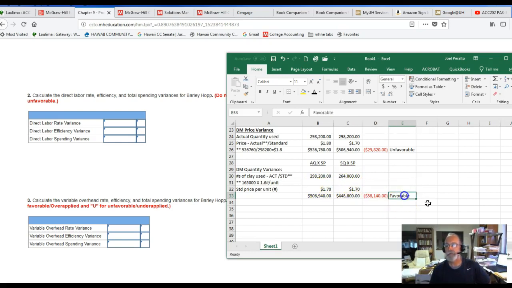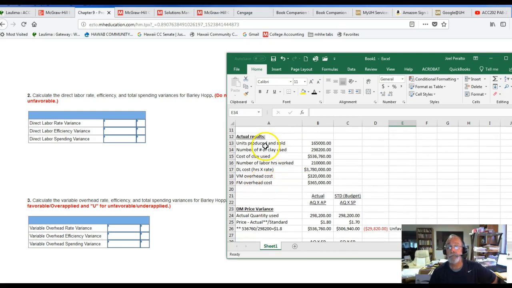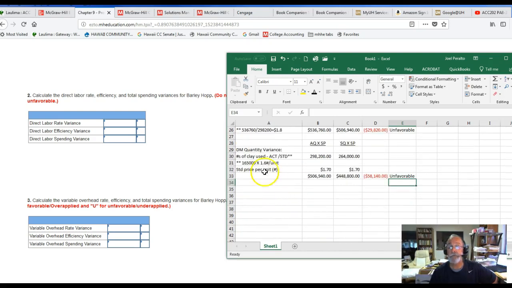It is unfavorable, and I'll tell you why. For production of 165,000 units, we use 298,200 pounds of clay, whereas based on our standard, we should have used 264,000 pounds of clay. That's this calculation.